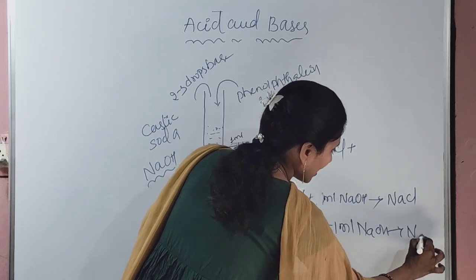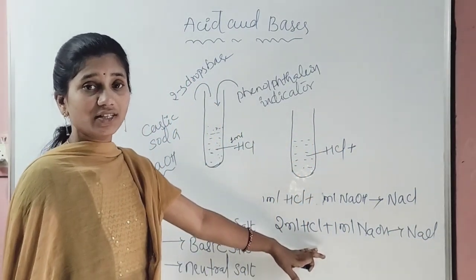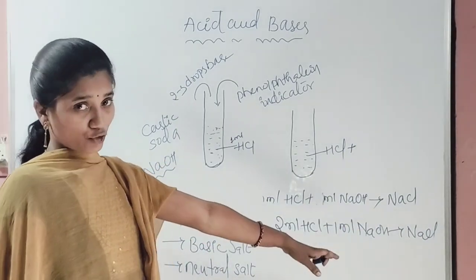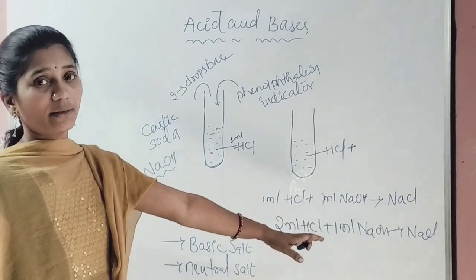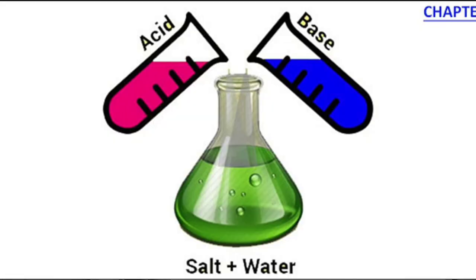There is a formation of salt, but the acidic strength is more. That is why the salt formed by combining these acid and base is an acidic salt. If the concentration of base is more, then the salt is a basic salt. If the concentration of both acid and base is equal, that is a neutral salt.